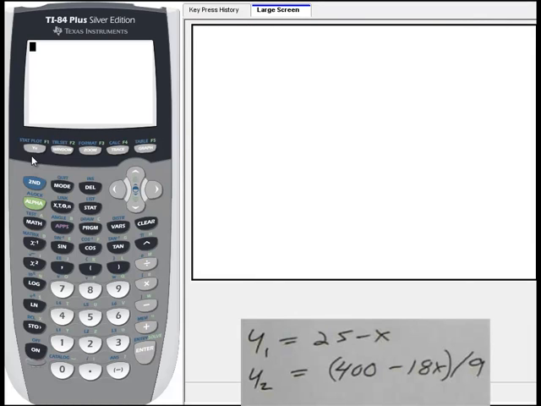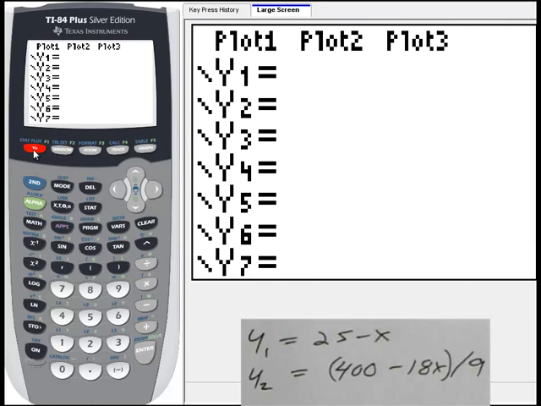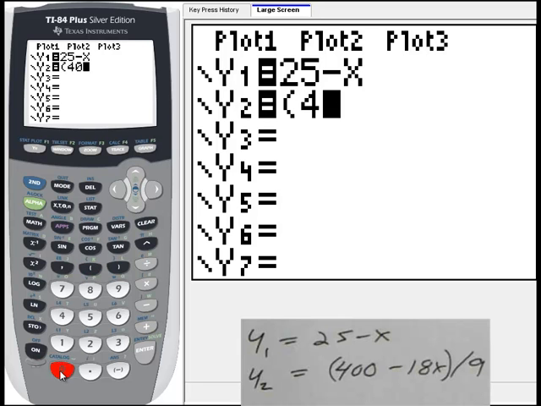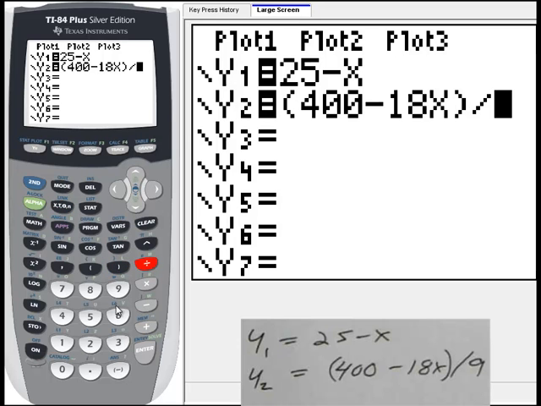Okay, let's go to the y equals edit screen, and for our y1 we've got 25 minus x. For y2 we've got parenthesis 400 minus 18x, parenthesis divided by 9.